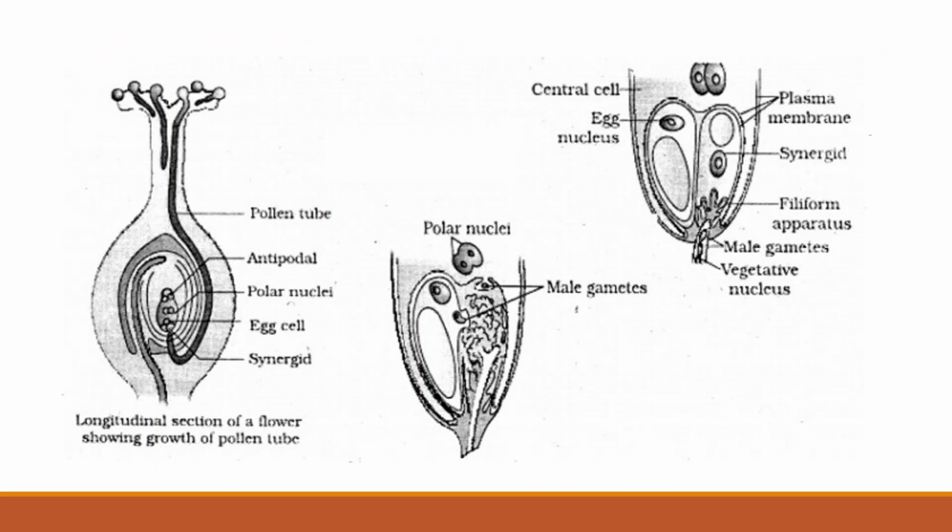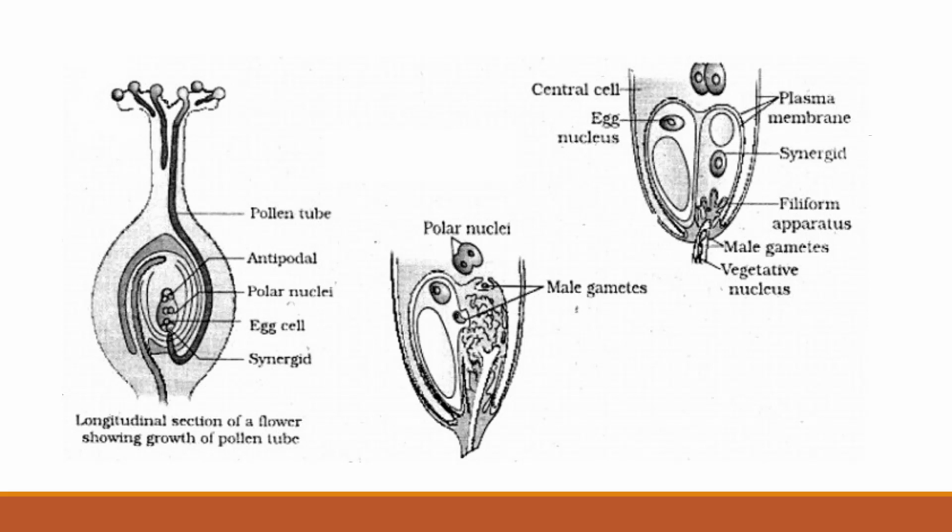So this is the diagram for that, which is showing the stigma where the pollen tube enters through the down, which is darker color, a longitudinal section of a flower showing growth of the pollen tube. The pollen tube enters into the ovule, that is synergid and egg cell, polar nuclei, antipodal cells.